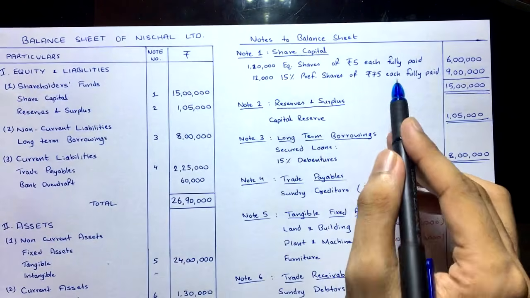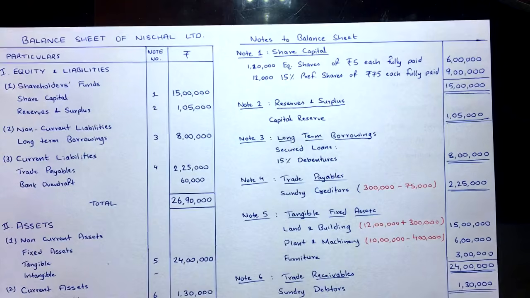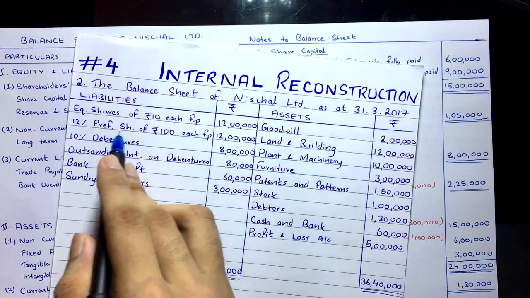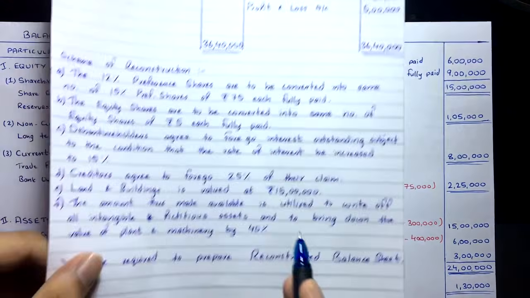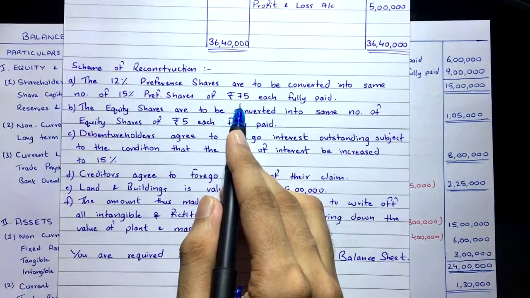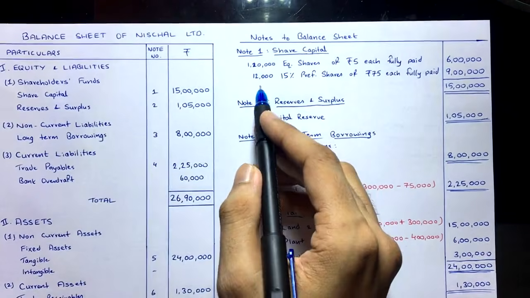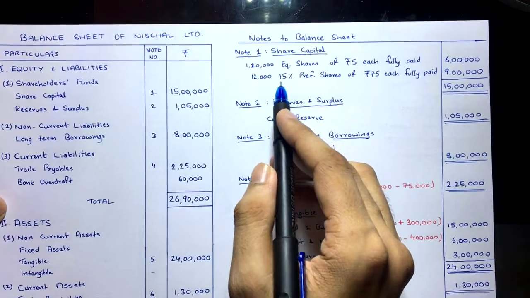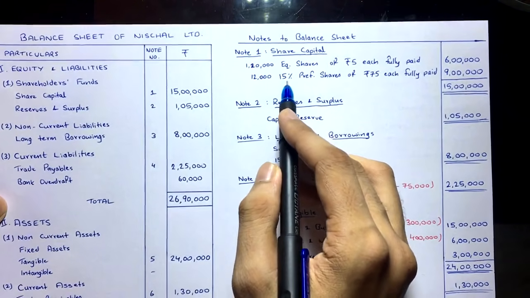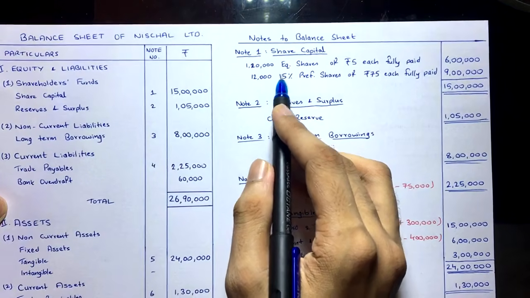And then preference share capital. In the question we had how much? 12% preference shares of 100 each, but we changed it, we made it 15% at 75, isn't it? So that's what you have to take. So 12,000 preference shares were there. Now we have converted them into 15% preference shares, from 12% to 15%.